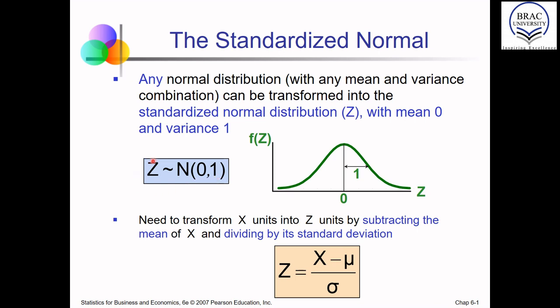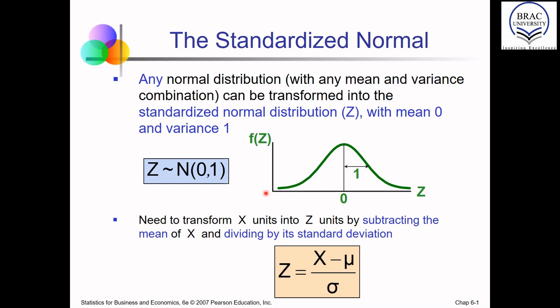We know this is how we are always supposed to express a normal distribution. Once we have standardized our normal distribution, this is how we express it. A standardized normal distribution always has a mean of 0 and a variance of 1. This is how the probability density function of a standardized normal distribution looks.